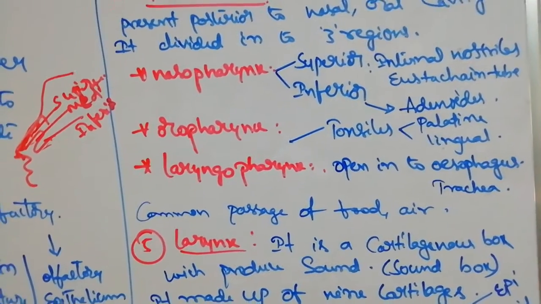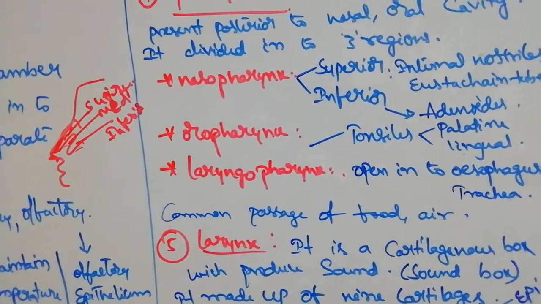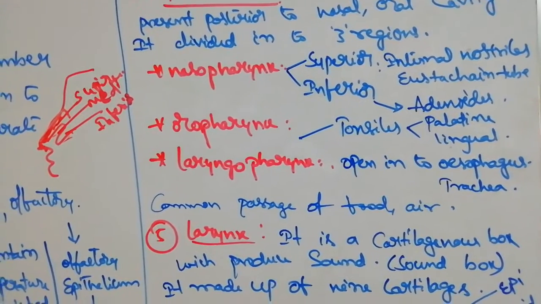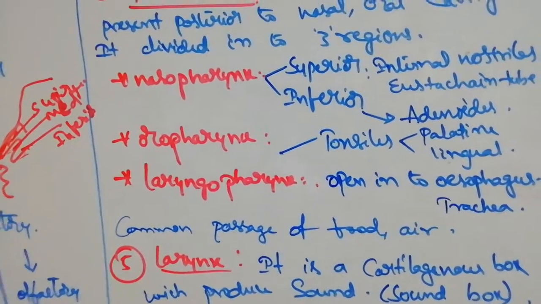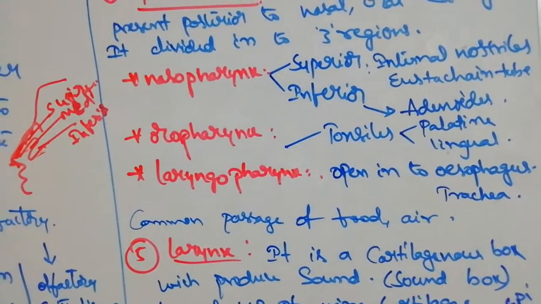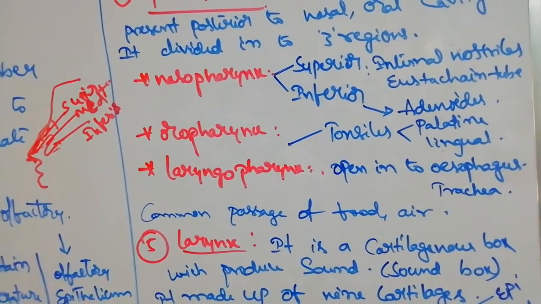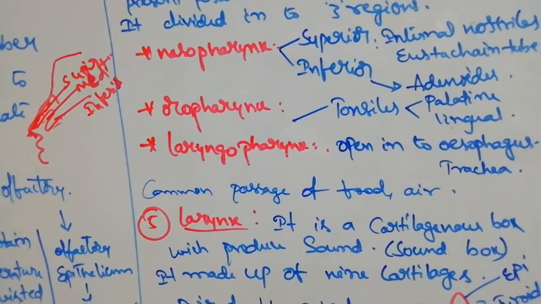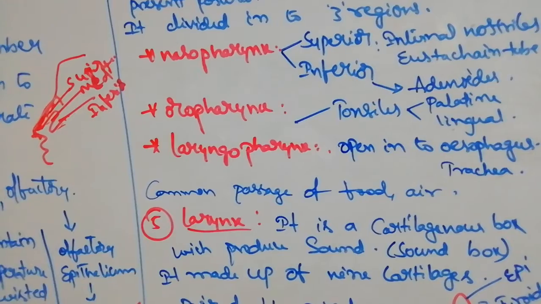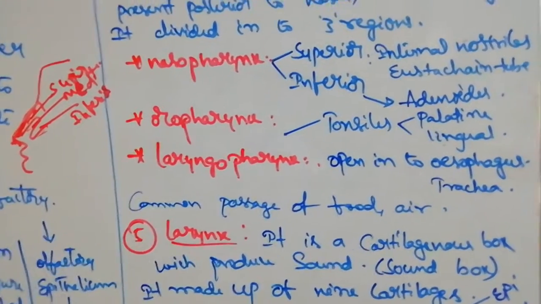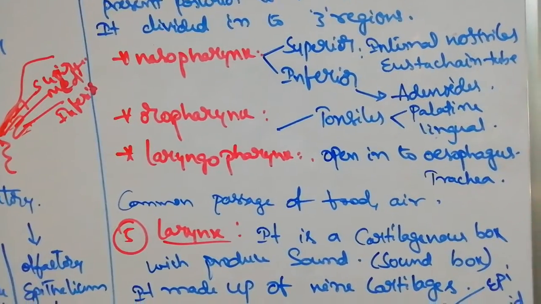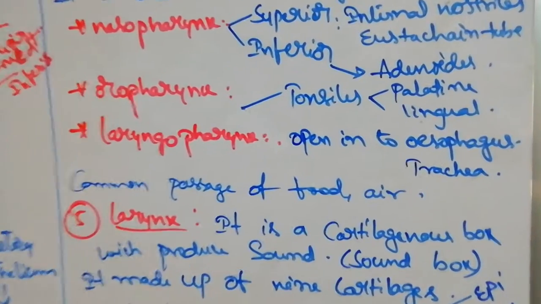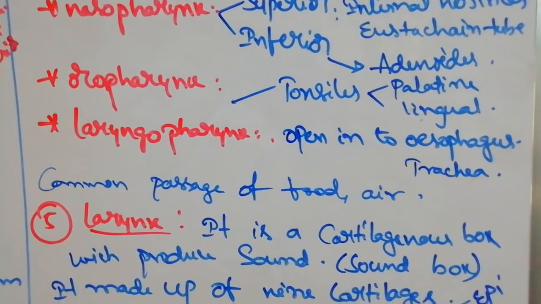First, the nasopharynx. It is further divided into superior and inferior parts, and it is the first part of the pharynx. The internal nostrils and the eustachian tube open in the superior portion. The inferior portion contains adenoids, that means pharyngeal tonsils. Adenoids' other name is the pharyngeal tonsils.